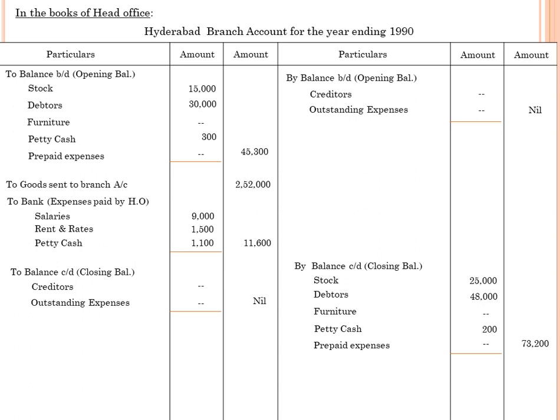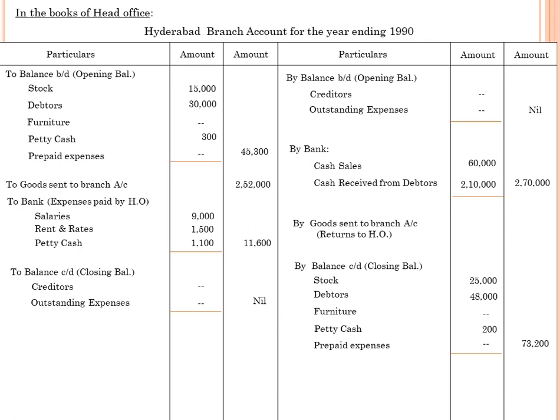Now we move on to the credit side. By remittance, bank, one by one. Cash sales, 60,000. Cash received from debtors, 2,10,000, and total 2,70,000. And by goods sent to branch, returned to head office, how much? 2,000 rupees. Simple. Now we posted all the entries given in the problem. Find the total.